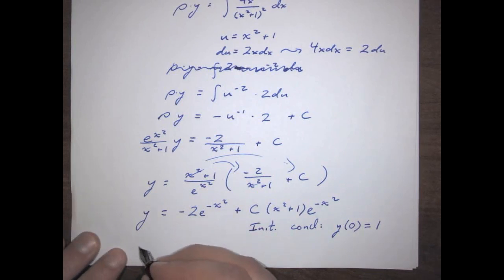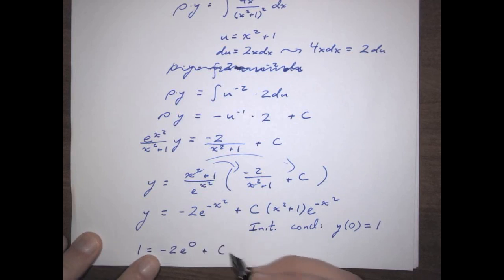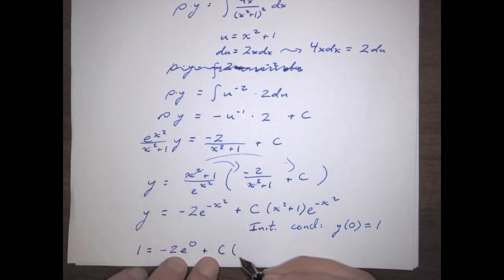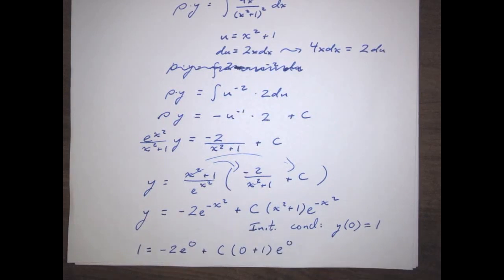So 1 is equal to negative 2 times e to the 0 plus c times 0 plus 1 times e to the 0. So all the e to the 0s are just going to equal 1.